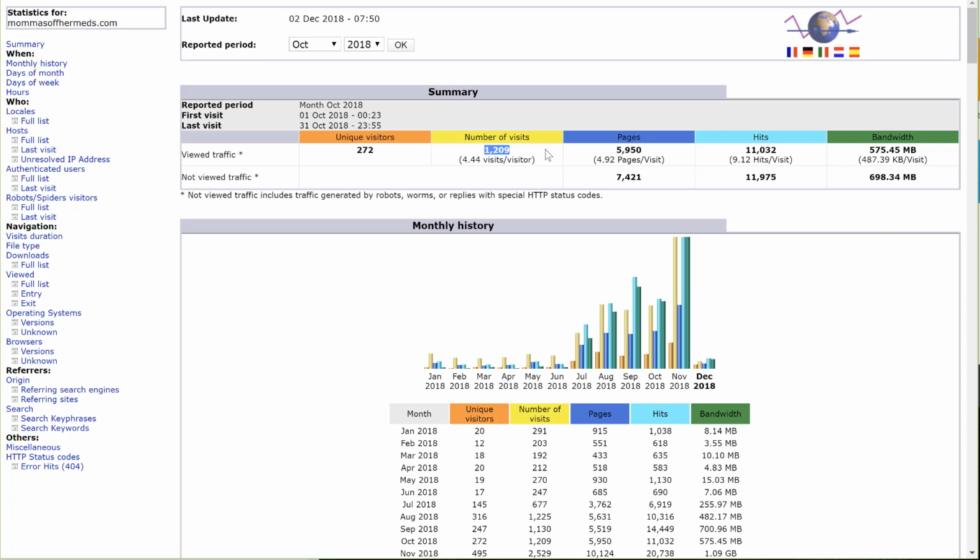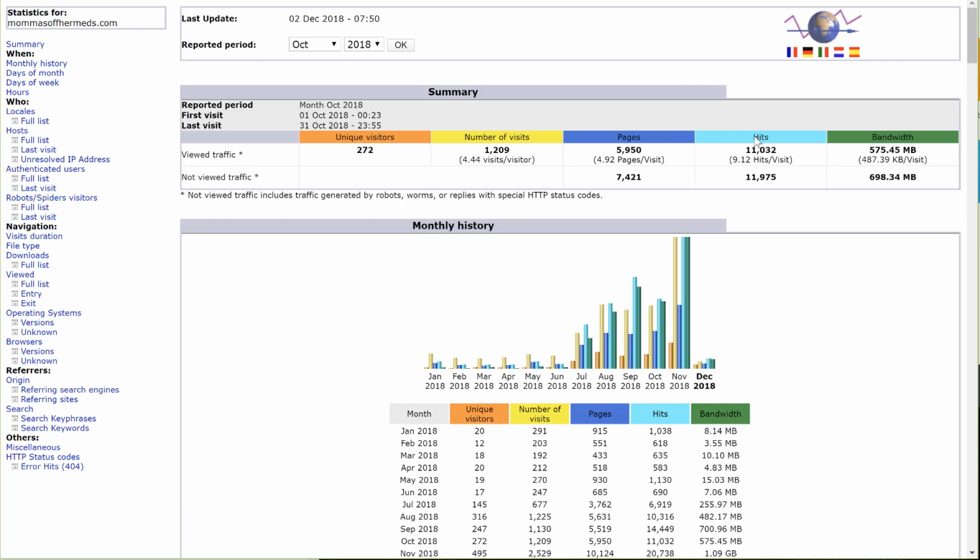So number of visits is 1,200, number of pages, now of course pages also means posts, is 5,950. So you've got an average of people looking at, because I do have a blog and not many pages, about 5 different blog posts per visit, okay? And so hits are 11,000.